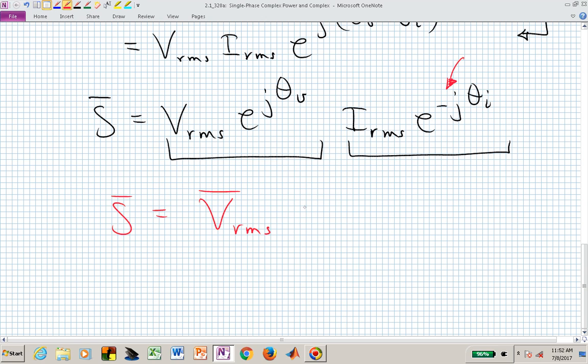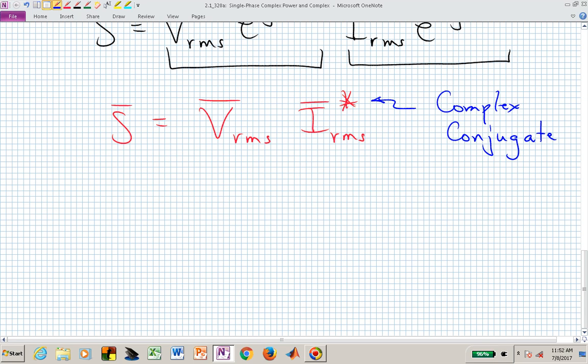And the current phasor, we have to realize, is not the true current phasor. It's actually the negative of the angle, or we now have the complex conjugate of the current associated with the system that we're trying to find the complex power for.